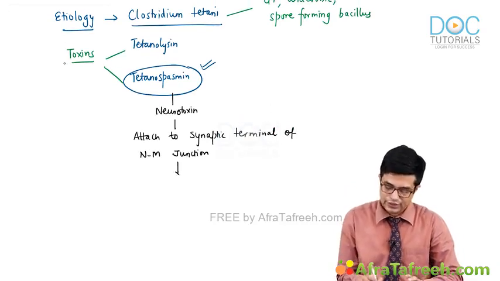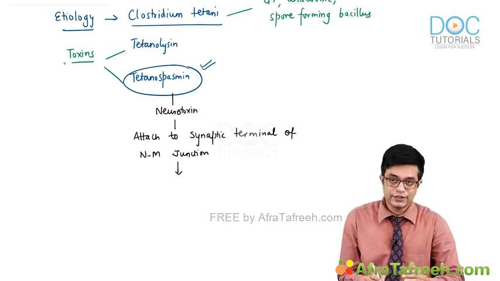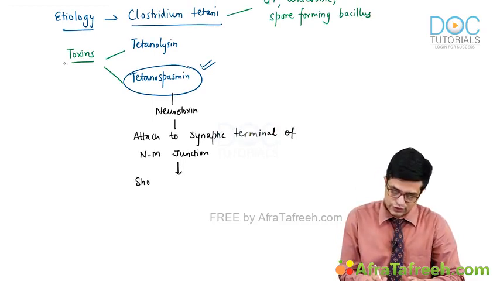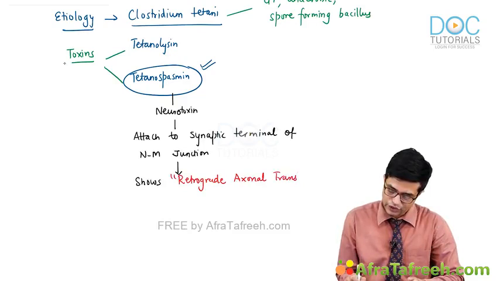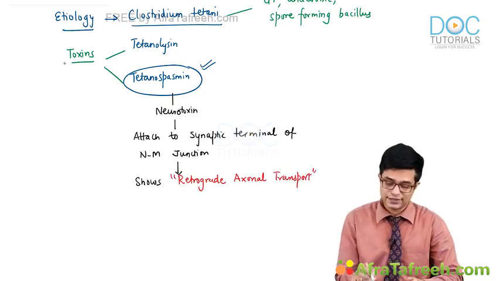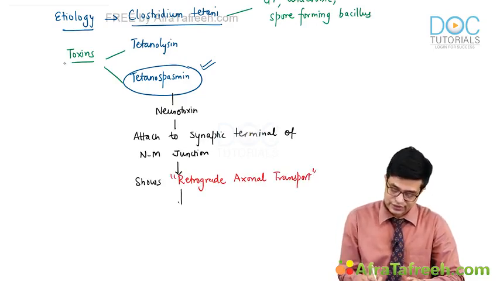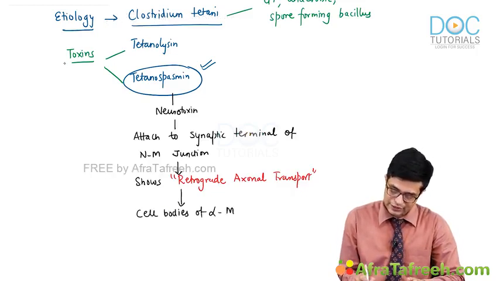After attaching, it enters inside the neuron and shows retrograde axonal transport. Through retrograde axonal transport, it rises and reaches the cell bodies of alpha motor neurons present in the spinal cord.